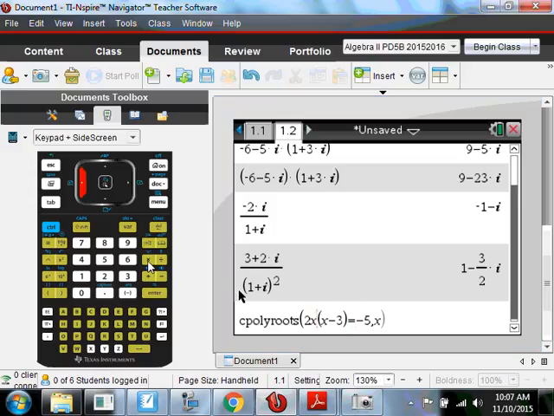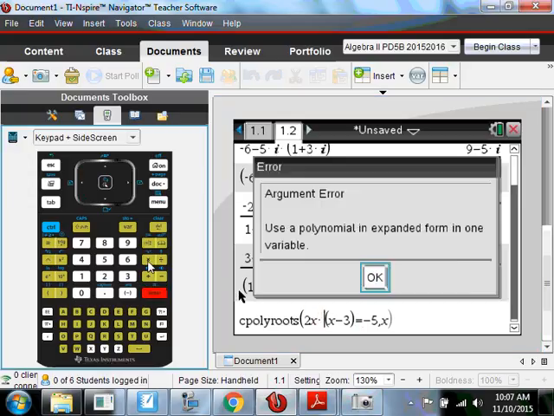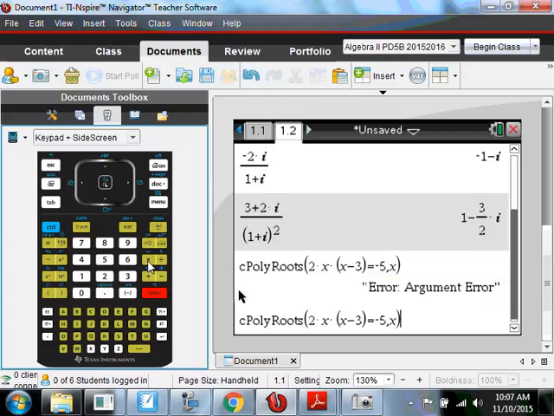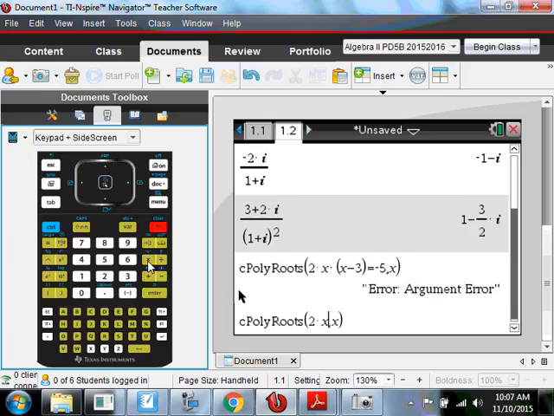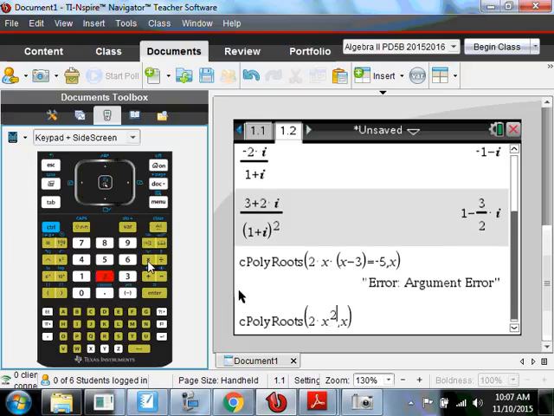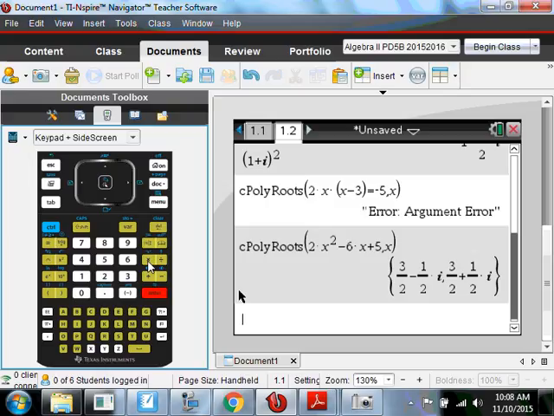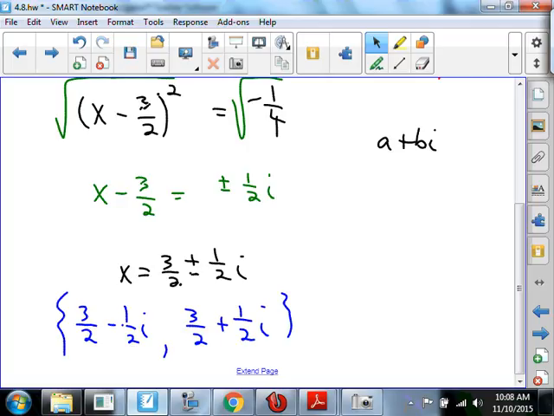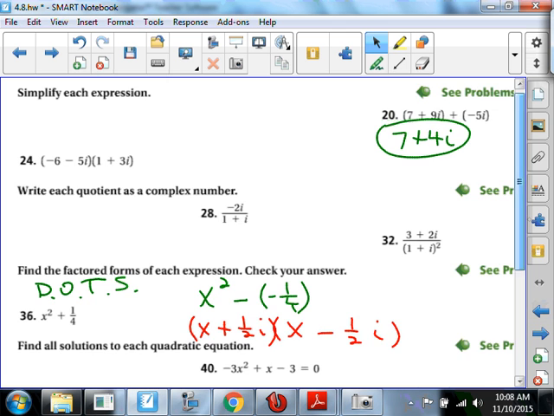So I got to put the times there. Augment, use a polynomial in expanded form or in one variable. Okay, so it didn't like that. Oh, because, yeah, okay. So that's going to be 2x squared minus 6x plus 5. Okay, there it is. But that's cheating. Well, that's why you're not allowed to use those on the quiz. But you will have a quiz where you are allowed to use it too, or a test.